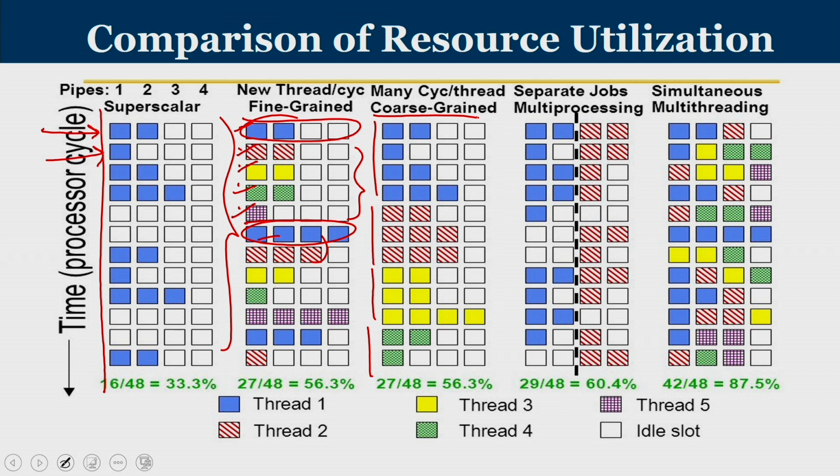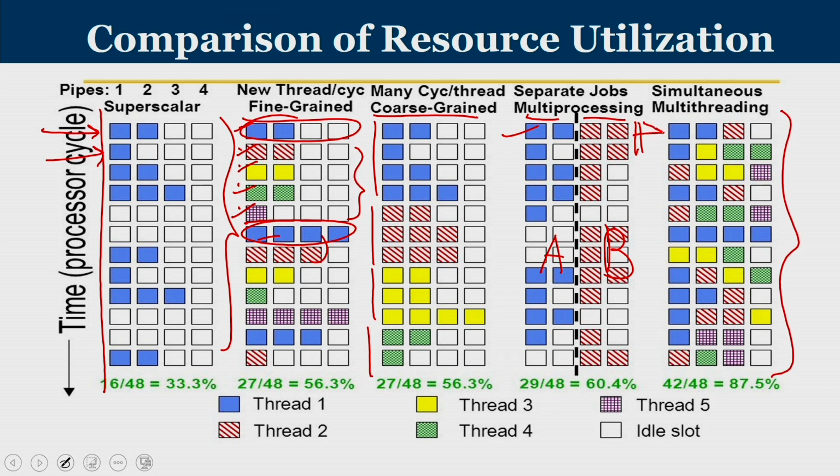And multi-processing means I am running blue and red on 2 different processors. This is processor A and the other one is processor B. Both A and B access the same memory, and that is known as a symmetric multiprocessor. And the last one is simultaneous multi-threading.